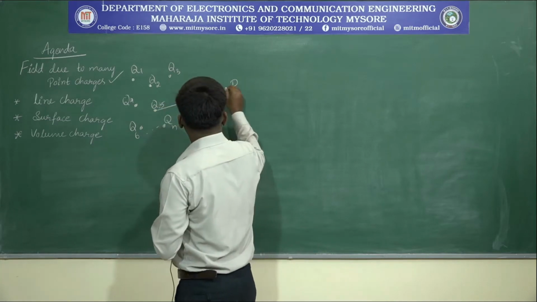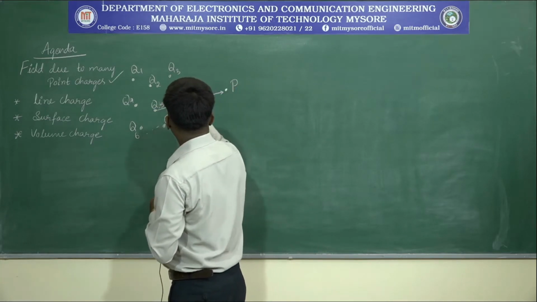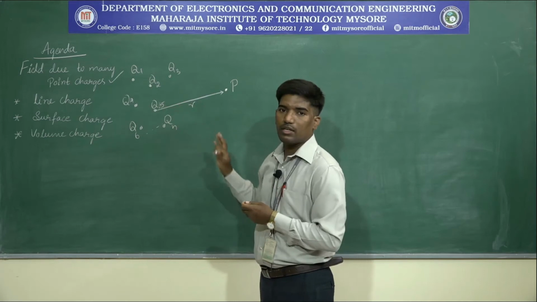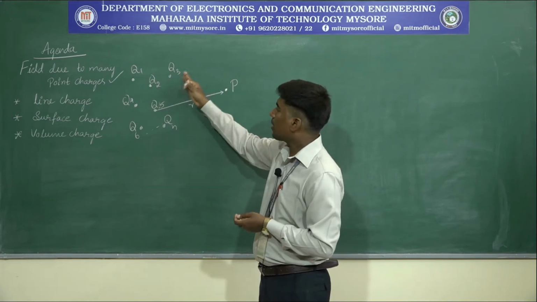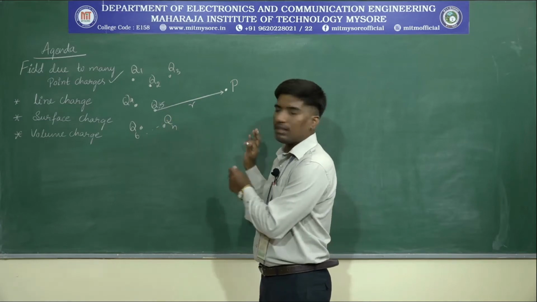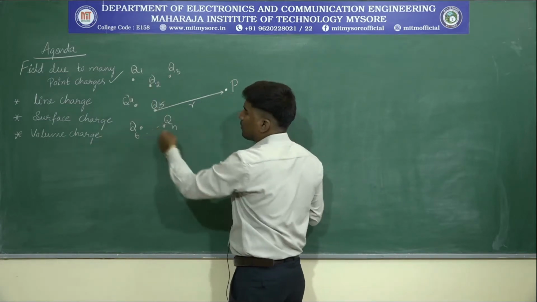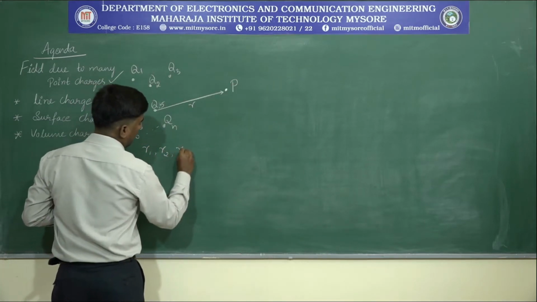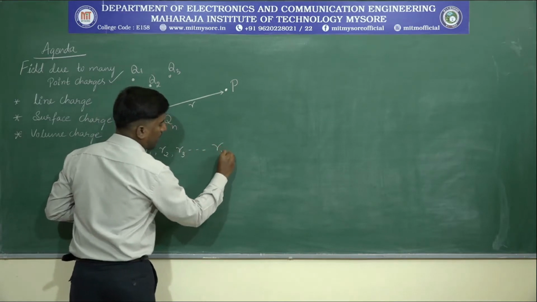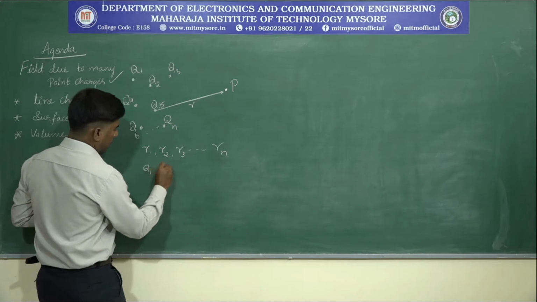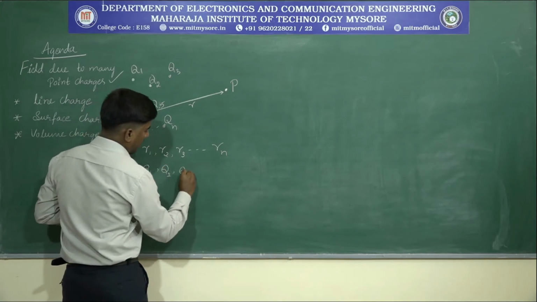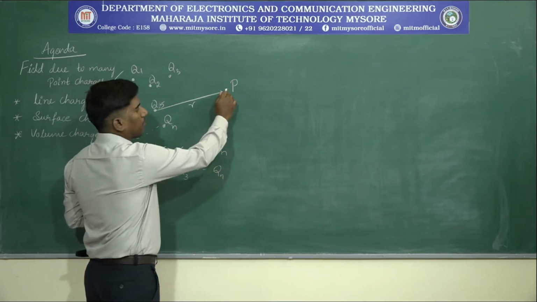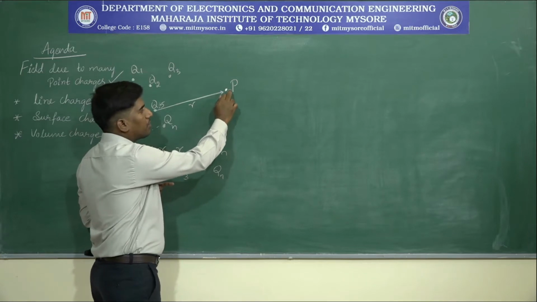Let us consider the distances between point P and each of the point charges to be R1, R2, R3 and so on up to Rn. The corresponding charges are Q1, Q2, Q3, up to Qn. How is the electric field intensity at point P measured?